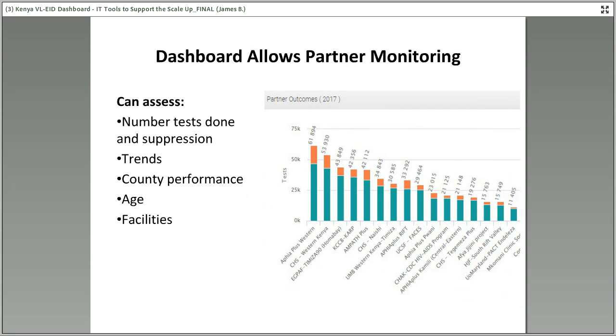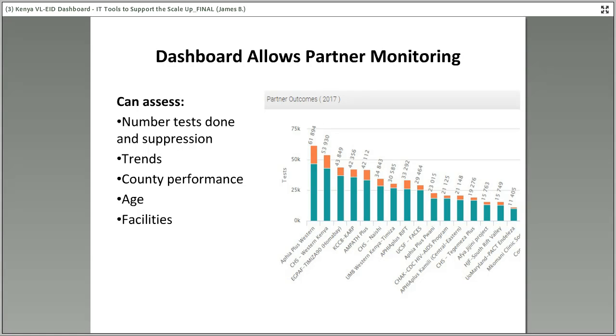That next slide basically shows partner monitoring. In Kenya, we have over 50 partners that are doing viral load. We have over 3,000 facilities doing both viral load and EID, and we are able to check how the partners are performing.